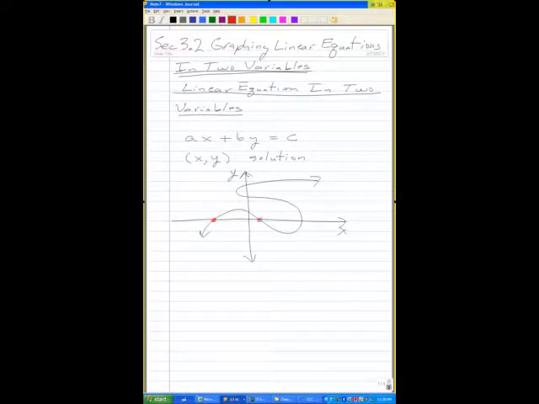Where this curve intersects the x-axis, these will be called the x-intercepts. And where this curve intersects the y-axis, these will be called y-intercepts.